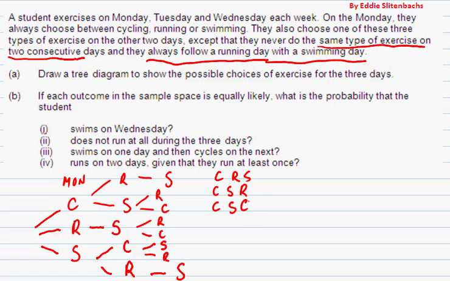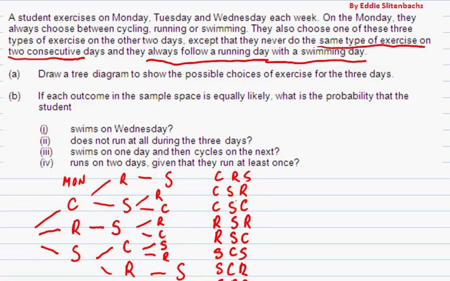Take my time and do this properly. Running, cycling and running. Running, swimming and cycling. Swimming, cycling and swimming. SCS, SCR. Or SRS.